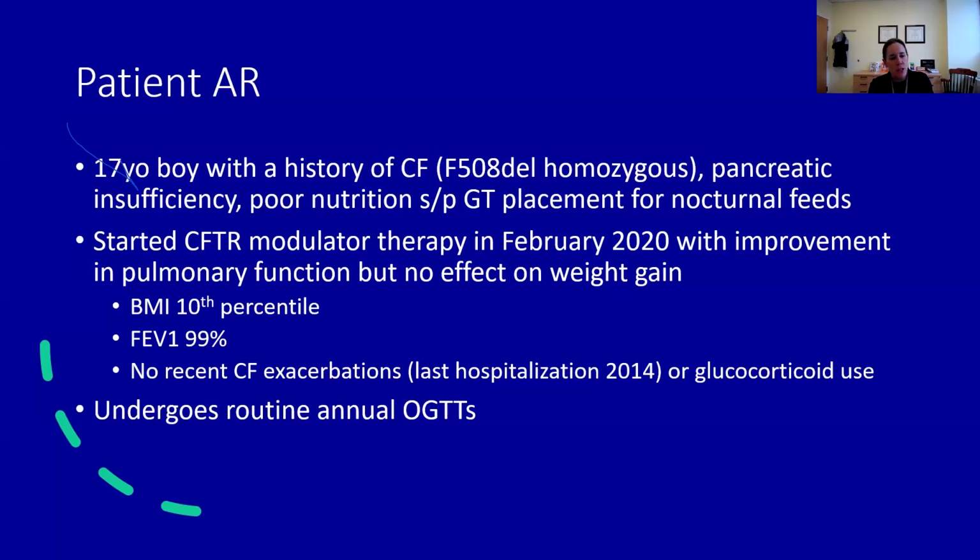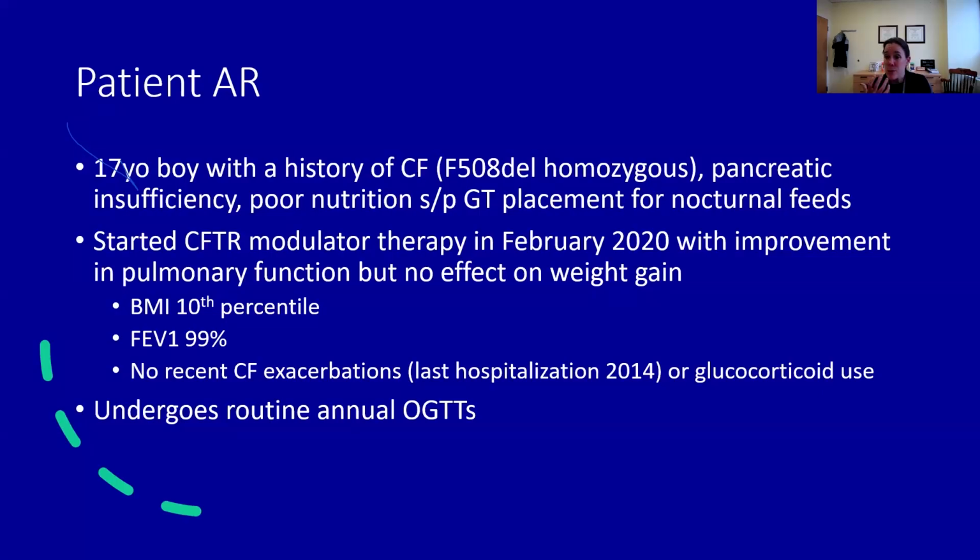He started CFTR modulator therapy right around the time it came out, and he had significant improvement in pulmonary function, but unlike many people, he actually did not have any improvement in his weight gain. And so he was really struggling with getting his BMI into the target range. He's in the 10th percentile, and we aim for the 50th percentile.